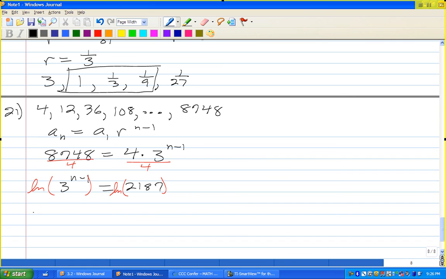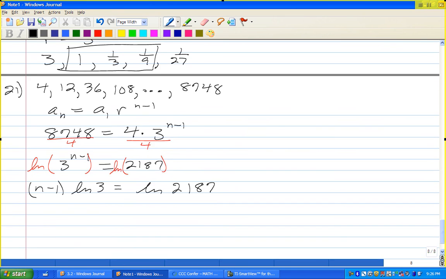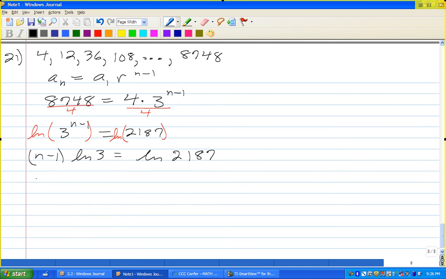So you get n minus 1 ln 3 equals ln 2187. Multiply the ln 3 inside the parentheses. So by its derivative property, n ln 3 minus ln 3 equals ln 2187. Add ln 3 to both sides of your equation.